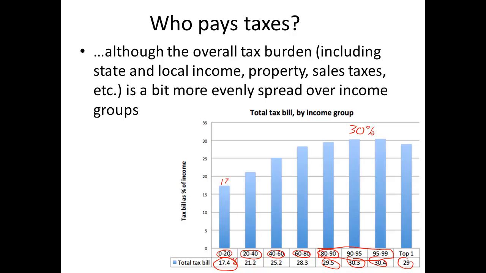Still a significantly progressive system, but it's not quite as stark as that previous chart made it look. But the bottom line is that lower income folks are paying a significantly lower tax burden, about 17% of all their income, and higher income folks are paying about 30% of all their income.